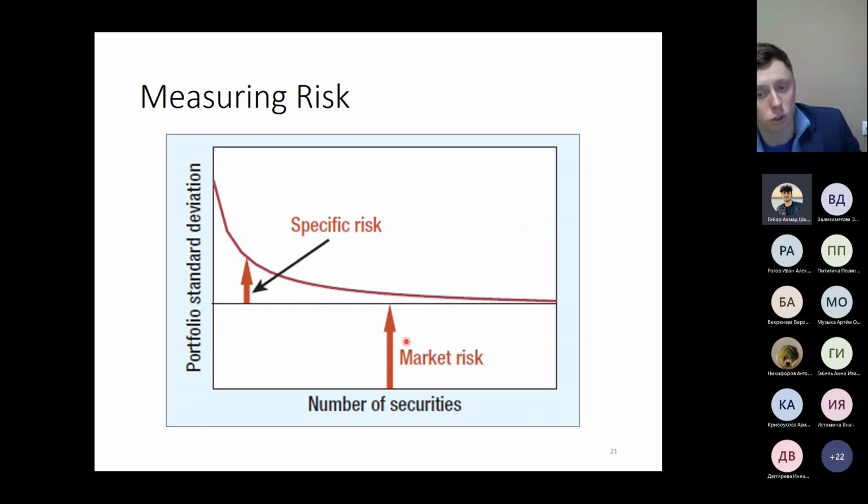But then we can introduce the assets of another country, and then we would have lower market risk, because some part of the risks which are specific for a particular country will also be diversified away. But still, market risk remains anyway, because there is no portfolio which has zero risk.